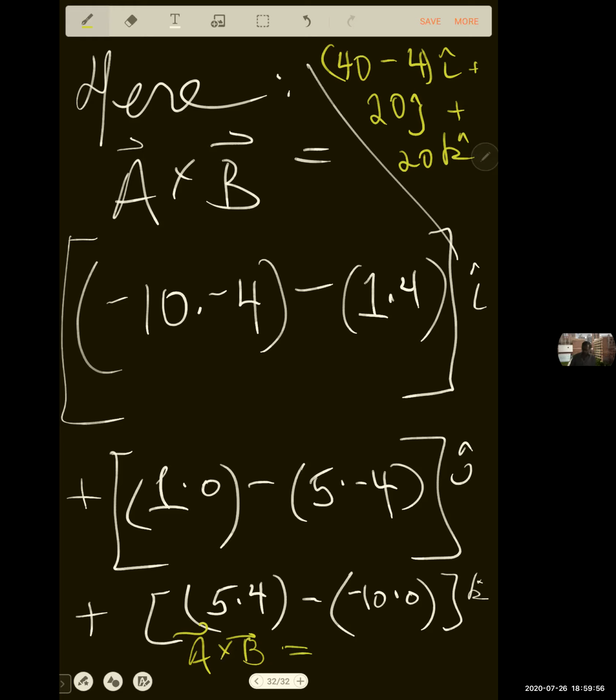That's supposed to be AZBY. AZ is 1, BY is 4. All right, I'm going to assume this is right. I'm sure one of you will find an error, but I think it's 36i plus 20j hat plus 20k hat. And I think that's the answer to A cross B.